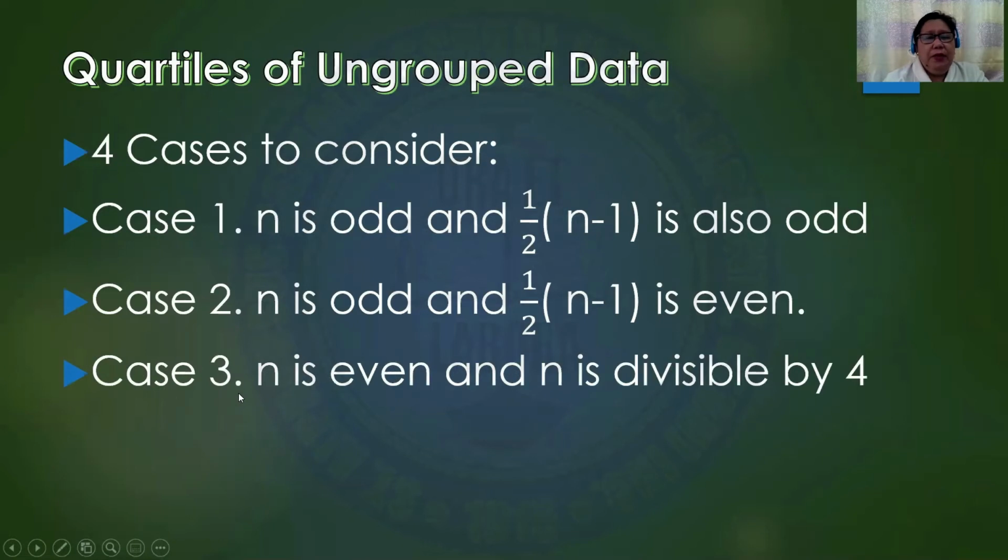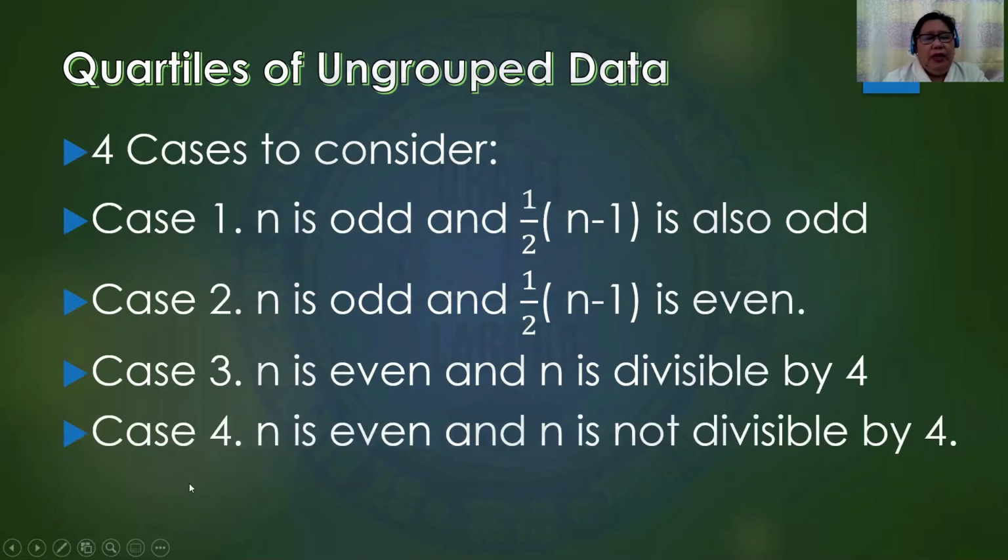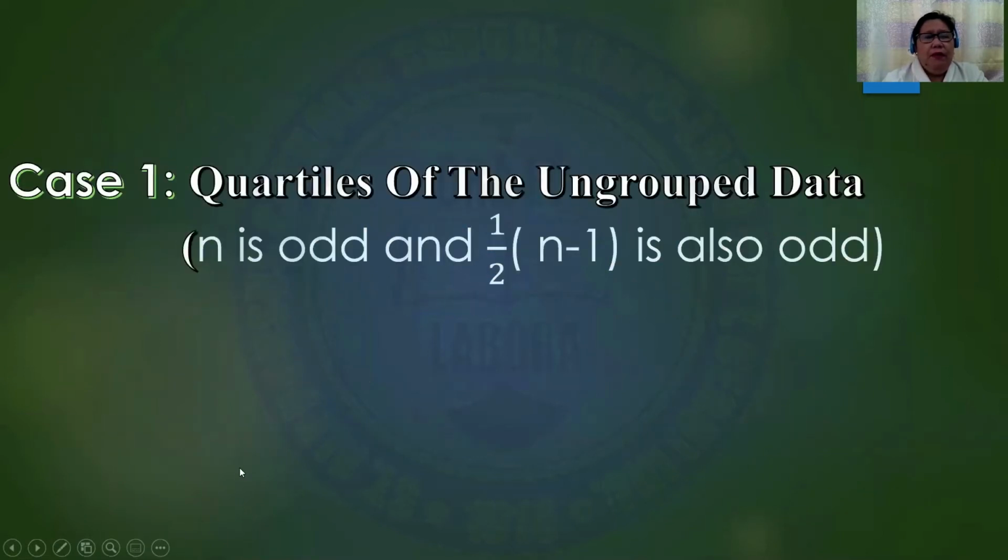For case 3, n is even and n is divisible by 4. And for case 4, n is even and n is not divisible by 4. And we will be talking about case 1 and case 2 for today.